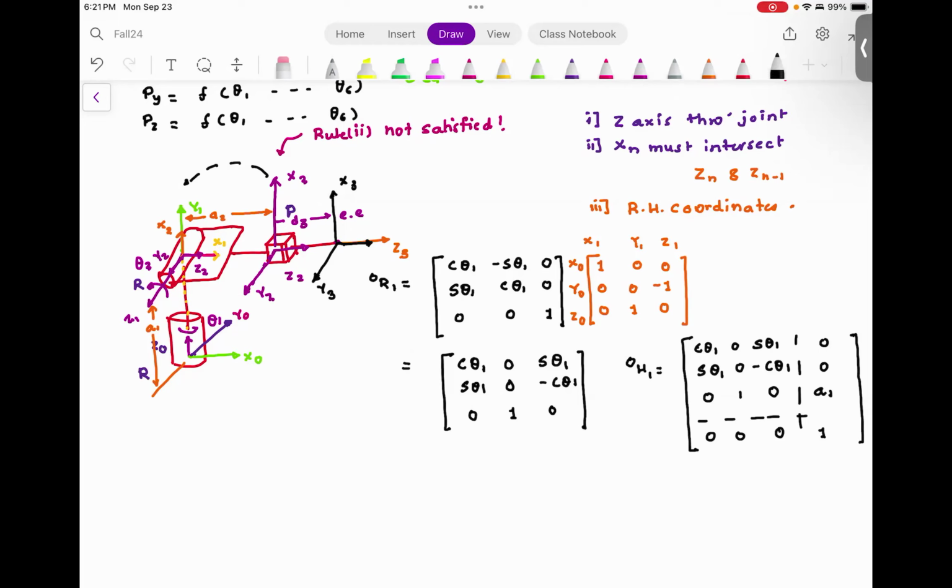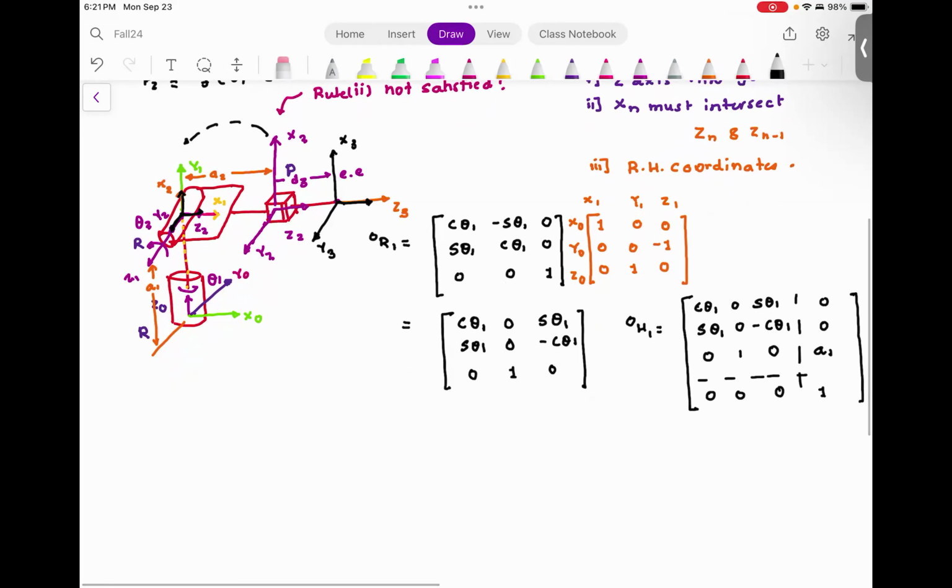So once again, I will draw this coordinate frame. So you have this coordinate frame. And what I need to do is go with again 1R2. 1R2 is cosine theta 2, minus sine theta 2, 0, sine theta 2, cosine theta 2, 0, 0, 0, 1.